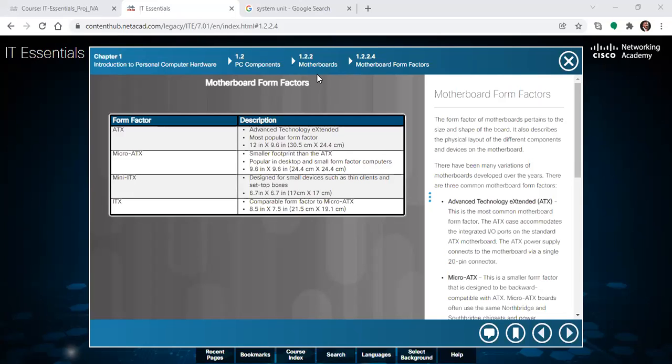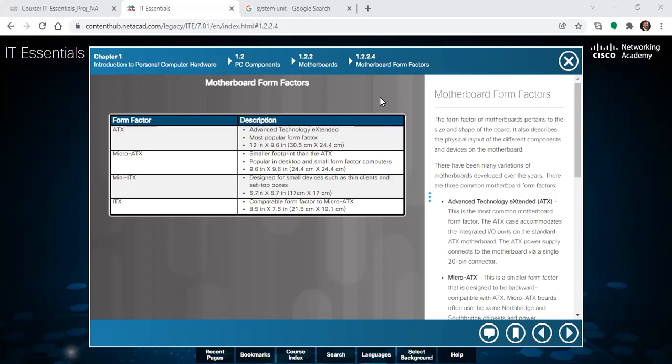So let's move on. The size or the type of motherboard. Why is this important? It is important because every motherboard has its own specifications. Like I told you, different sizes, different functions, different speed.